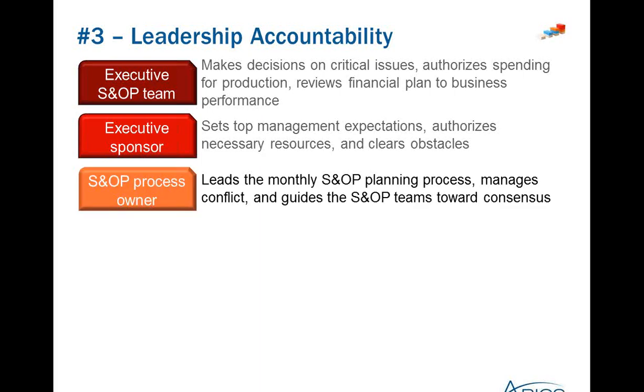The process owner leads the monthly planning process. Now, the owner of the entire process is the person that runs that division. The process owner may be an S&OP facilitator. It could be an S&OP manager or director that keeps everything in line at each of the different meetings that have to happen on specific work days during the month.